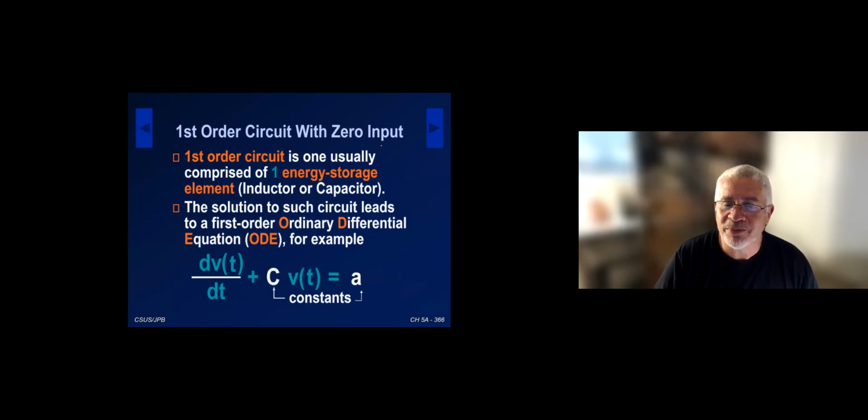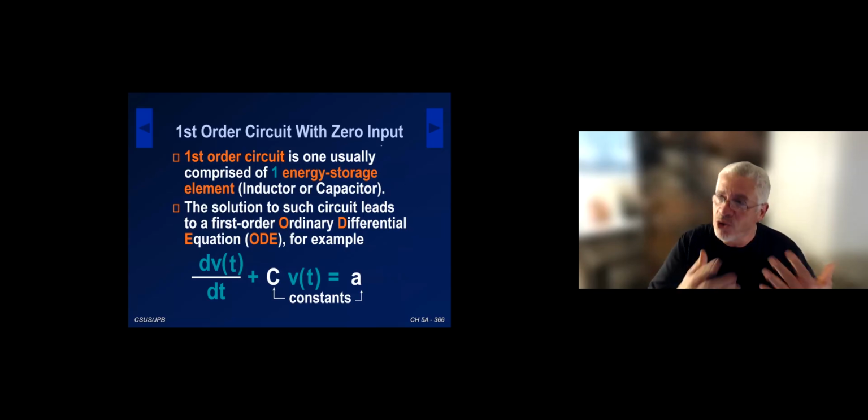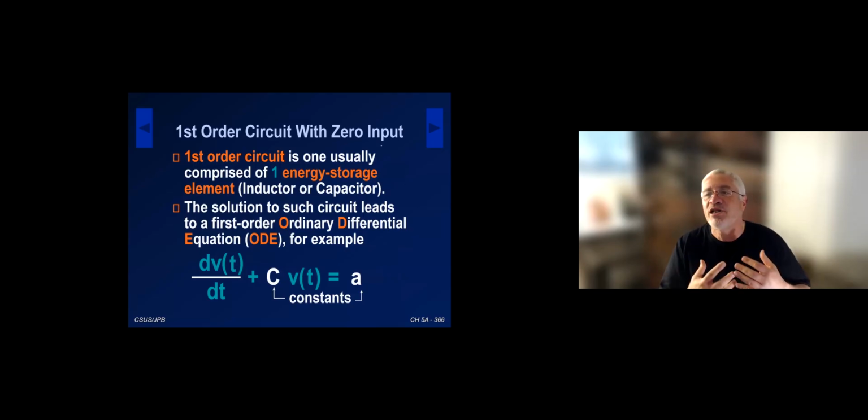First order circuits, just to define that again, are circuits that have one energy storage element. If you remember anything from lecture 18, inductors and capacitors have the distinct ability to store energy. I use the gas tank analogy.